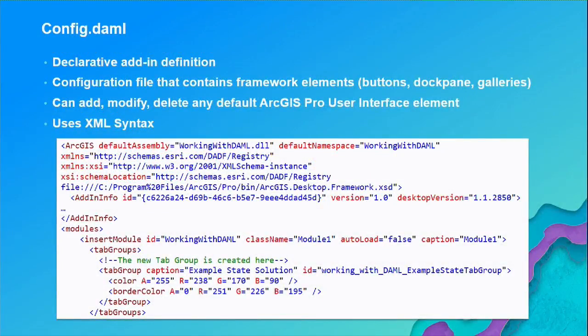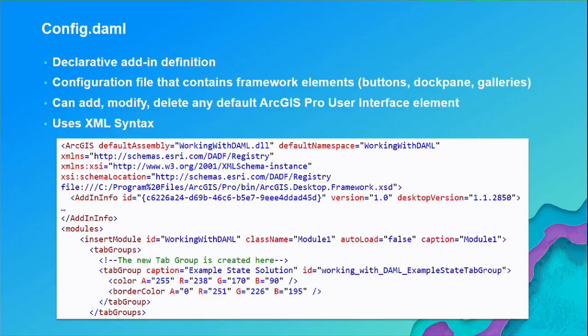Here is some more information about the config.daml file. This is the file where you define your UI elements in your add-in. And on this slide, you can see a code snippet of a typical config.daml file. Notice how you use simple XML syntax to define the UI elements.